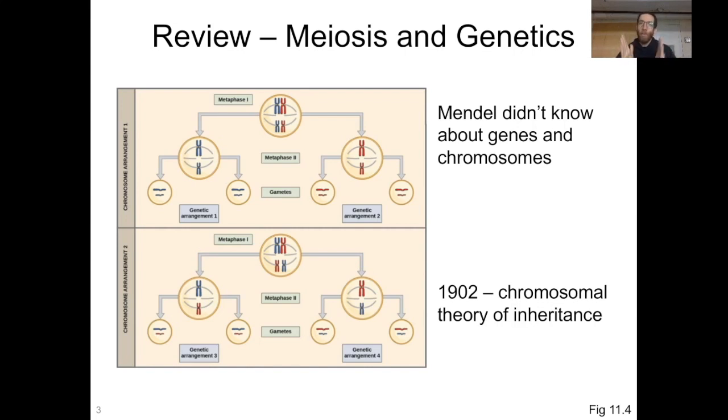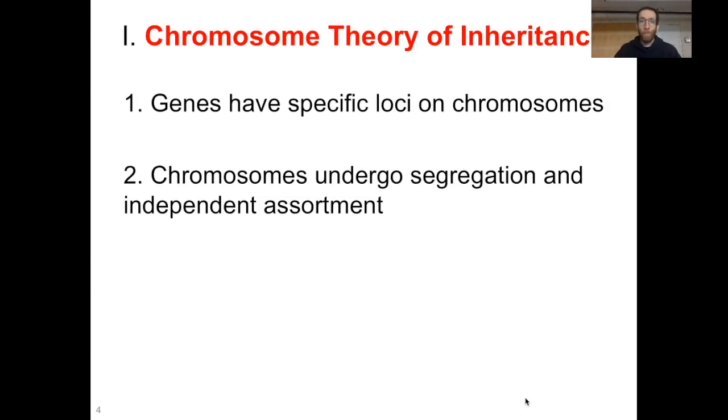Now you had these kind of two things happening in parallel where Mendel figured out the rules but not the mechanisms. Cell biologists were looking at the mechanisms but didn't realize that chromosomes were related to the rules that Mendel had figured out. That all comes together in the early 1900s with the chromosomal theory of inheritance. So let's start with that theory.